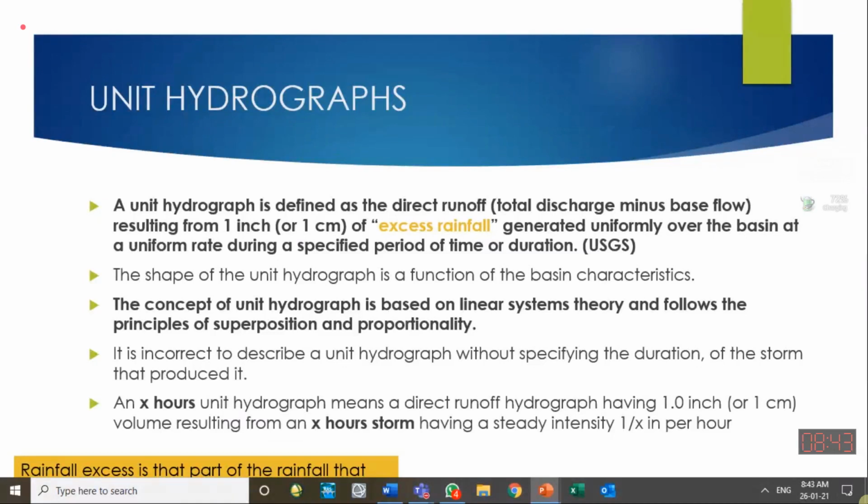If I have a unit hydrograph of 3 hours storm duration, it will have 1 inch rainfall volume in 3 hours. So the 3-hour unit hydrograph has the same volume as the 1-hour unit hydrograph, 1 inch. So the rate of rainfall will be less in longer duration, and the intensity of the rainfall is larger in smaller duration storms. So that concept should be kept in mind.